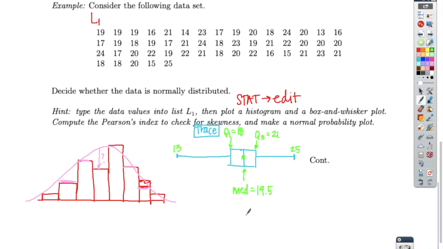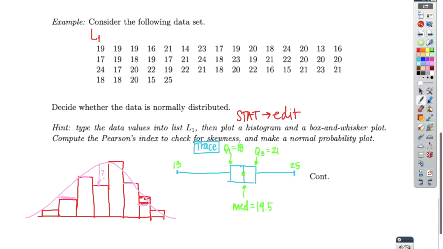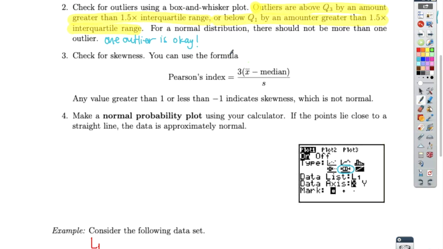Okay, so remember the key on this second test is 1.5 times the interquartile range. And if you don't remember, the interquartile range is just Q3 minus Q1. That's the interquartile range. Really important to remember that.